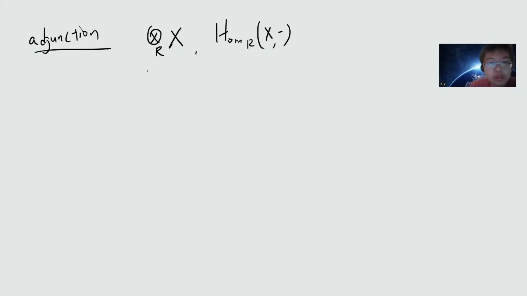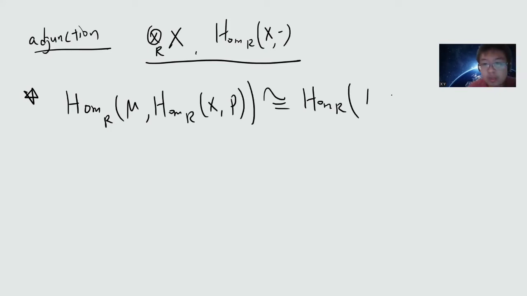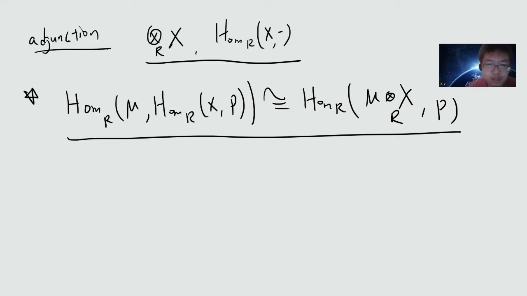We will use the fact that Hom_R(M tensor N, P) is isomorphic to Hom_R(M, Hom_R(N, P)). The simple proof is that if you imagine M, N, P are all vector spaces, that should be easy for you to prove. So this is not so difficult.